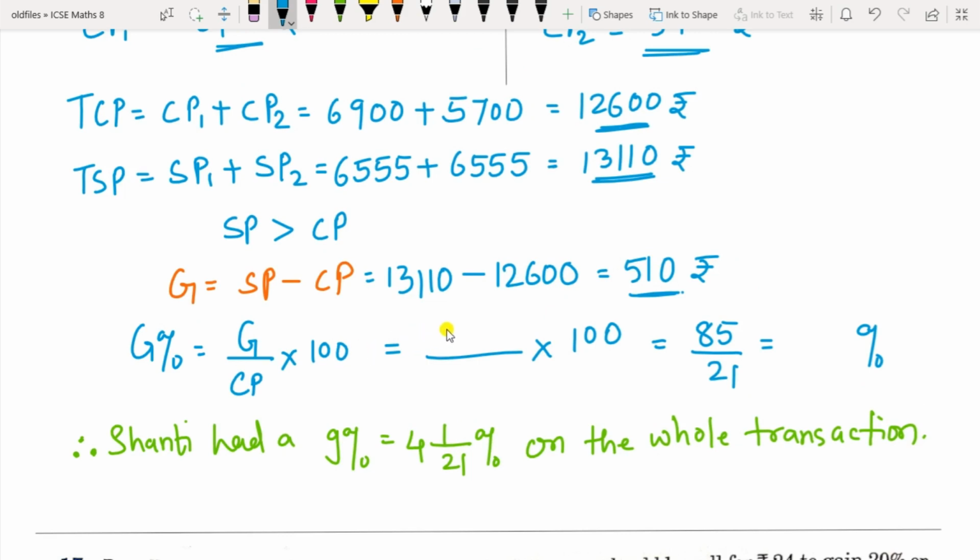So the gain percent will be 510 upon the total cost price, 12,600, and solving it, you get 85 upon 21. In mixed fraction this is 4 and 1 upon 21%. So Shanti had a gain percent of 4 and 1 upon 21% on the whole transaction.